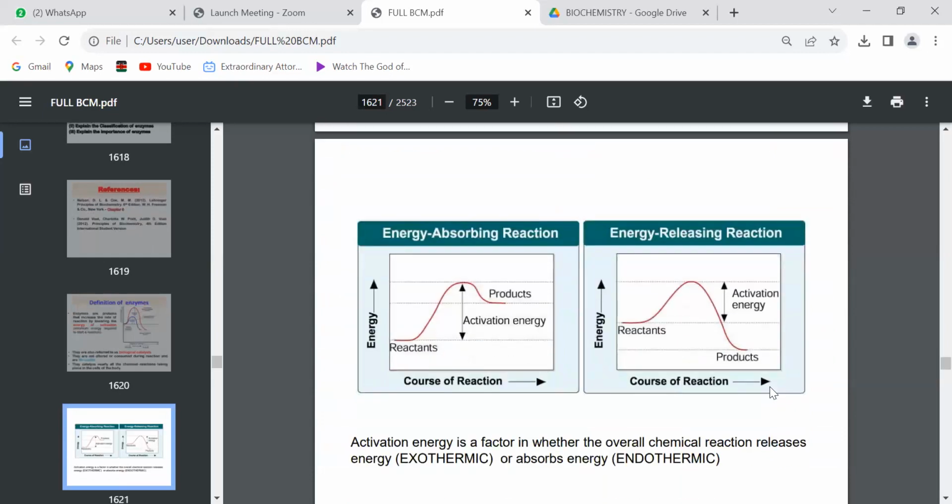So this graph basically shows what happens during a reaction when there's an enzyme or a catalyst involved. It basically just reduces the amount of activation energy required, so the reactants are able to overcome the amount of energy they need to actually be converted to products.